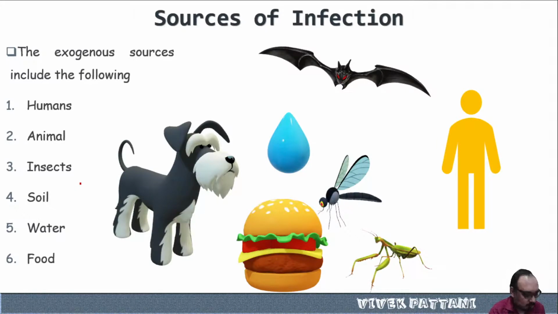Okay, now moving on with the sources of the infection. Some of the examples of exogenous sources are humans, animals, insects, soil, water, etc. Humans are basically the most common source, though not the same body, but one in which a human who may be a carrier or may have a disease can transmit it to another human being also.